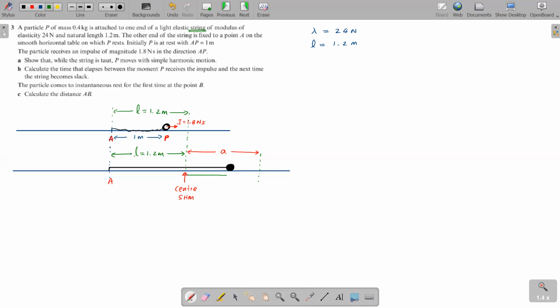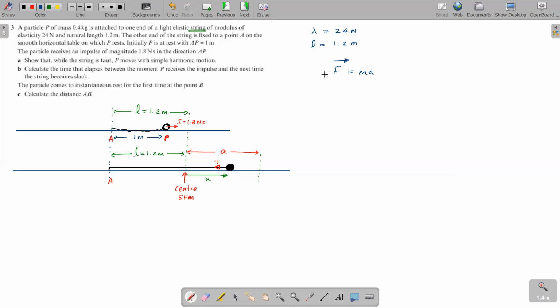The distance x is always measured away from the center. When x is measured away from the center, what are the forces acting here? You have the tension, right? That's all you have here. So let's apply F equal ma, away from the center.